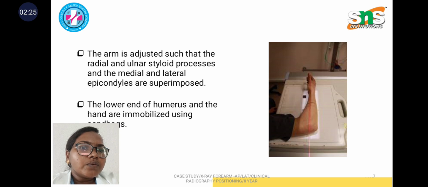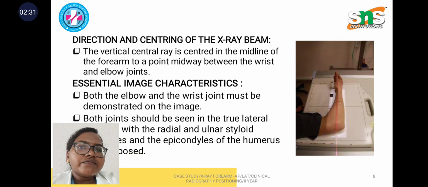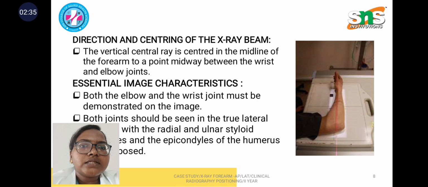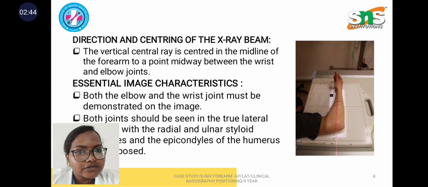The lower end of humerus and the hand are immobilized using sandbags if needed. We have to center at the midline of the forearm to a point midway between the wrist and the elbow joint. Essential image characteristics: in case of forearm lateral, we have to cover both the elbow and the wrist joints on the image.